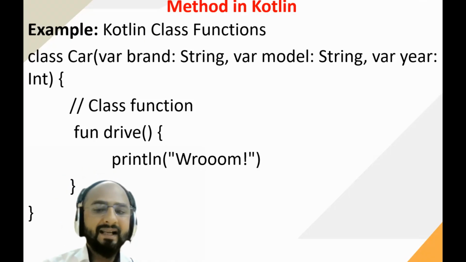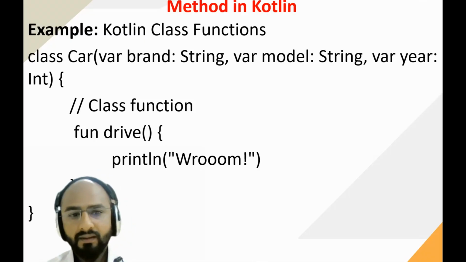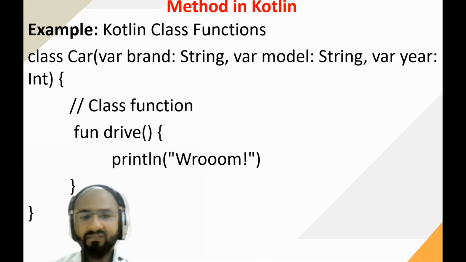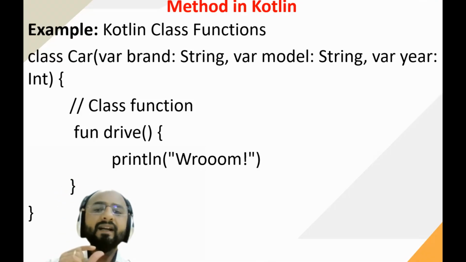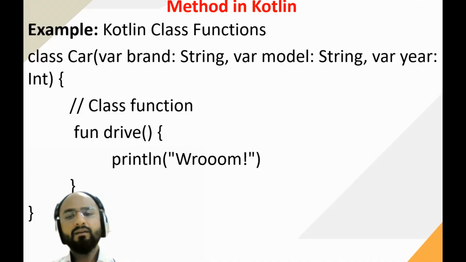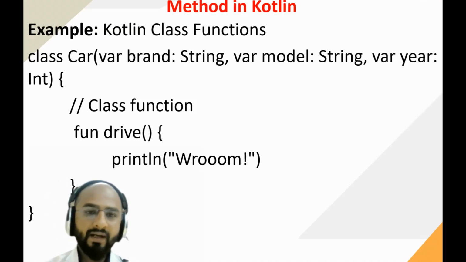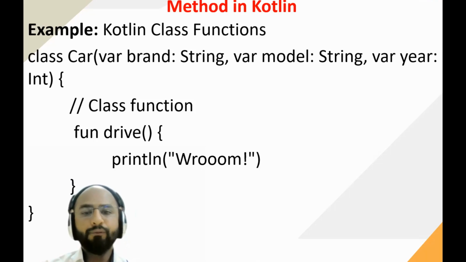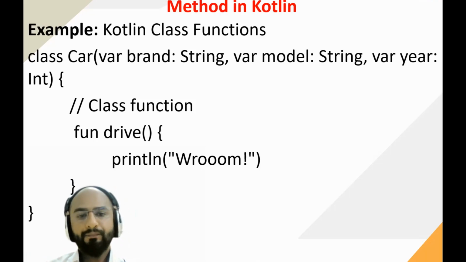And in that car class, I have defined a function named drive. As I told you, drive can be the functioning of the car. In that method, I have written a println statement, println vroom. So when this method is called, it will print vroom to the console.